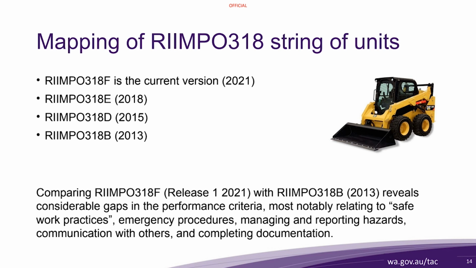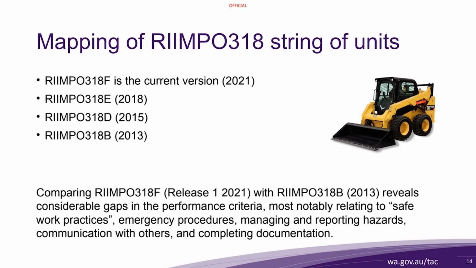The change between 2018, that is the E version, and the F version is relatively small. And indeed, if they present you with the E version, they can be awarded credit for the F version. And you'll know, of course, that the F version from previous slides has in its mapping section a statement that the E version is equivalent to the F version. But the B version is not equivalent to the F version. The B version has changed significantly.